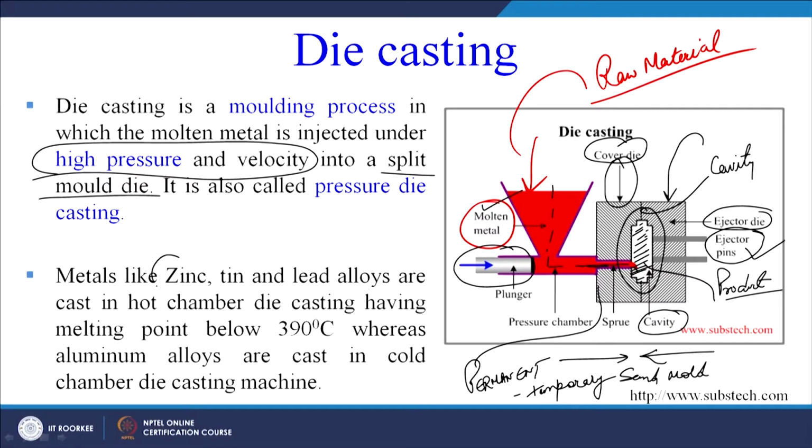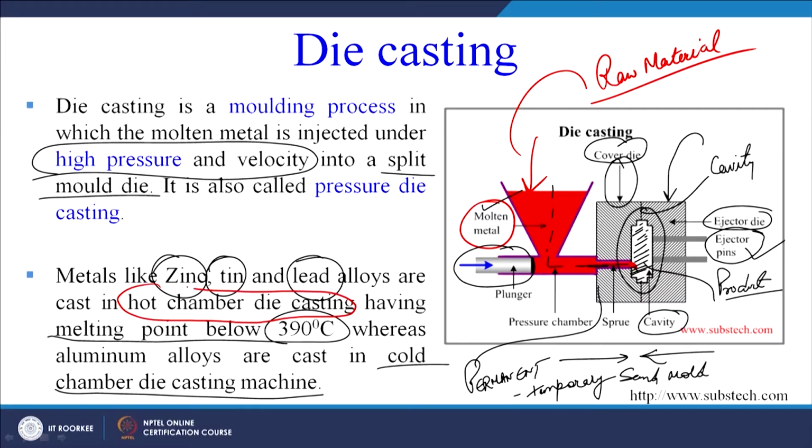Metals like zinc, tin, lead alloys are cast in hot chamber die casting, having a melting point below 390 degrees centigrade, whereas aluminum alloys are cast in the cold chamber die casting process. So two processes are shown here. One is the hot chamber die casting and the other one is the cold chamber die casting.